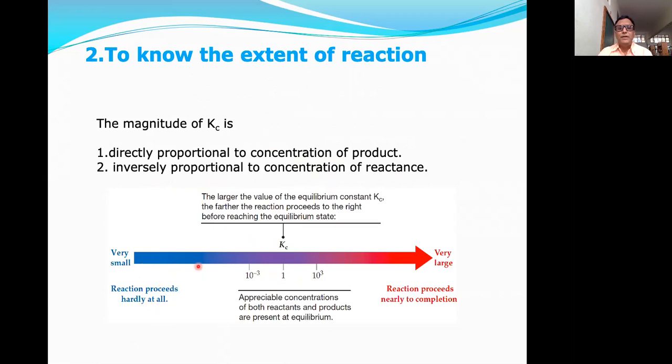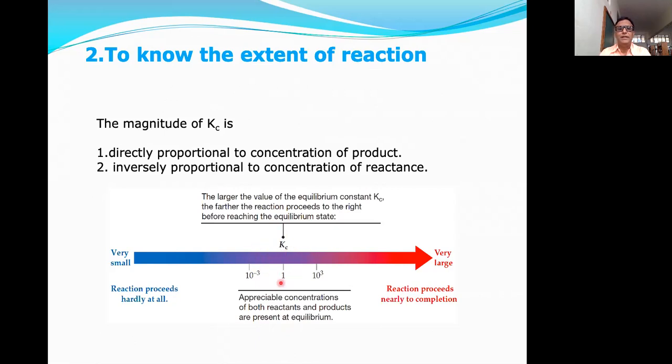As the value of equilibrium constant increases, if it ranges from 10 raised to minus 3 to 10 raised to 3, in this region there are appreciable concentrations of both reactants and products. So both reactants and products are present at equilibrium if the value of Kc ranges from 10 raised to minus 3 to 10 raised to 3.